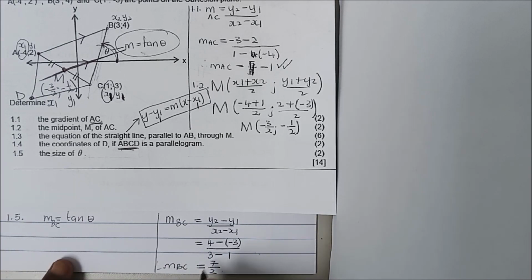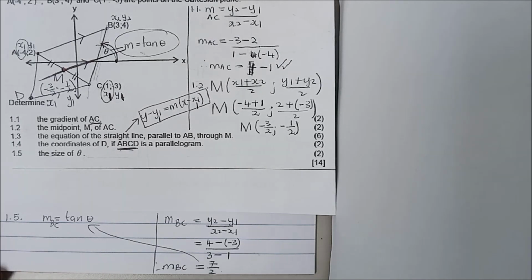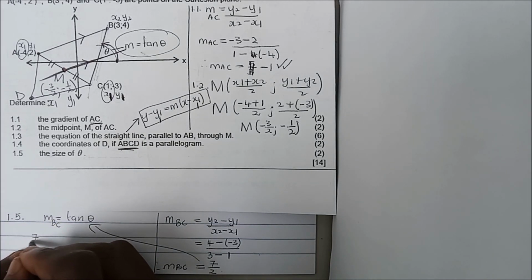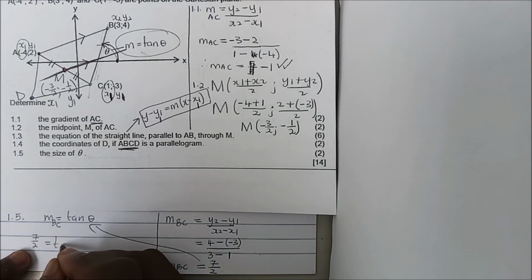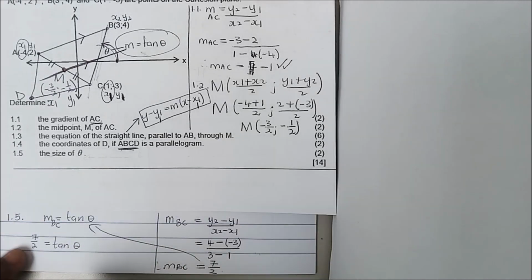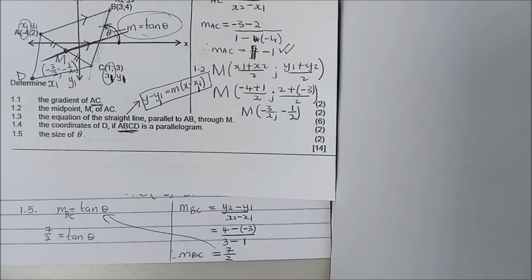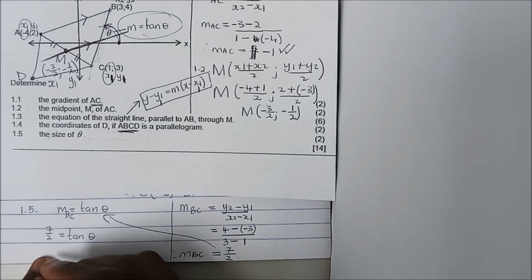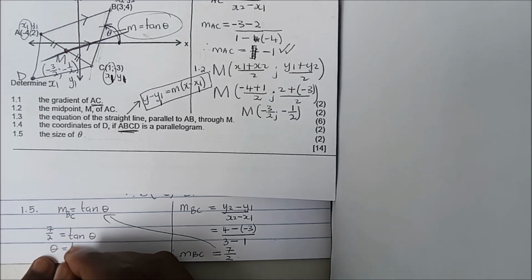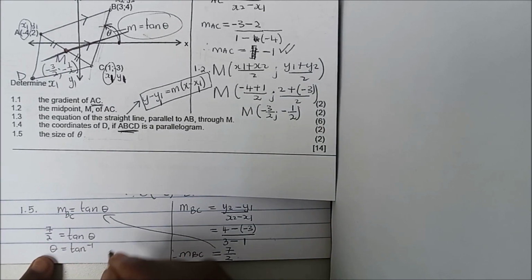We can just substitute it there. So we will have 7 over 2 equal tan of theta. Now you know from solving trigonometric equations or general solutions, to get theta, we just say theta equal arctan 7 over 2.